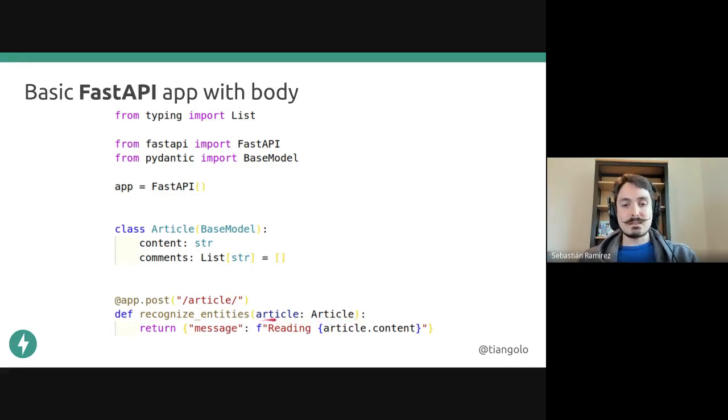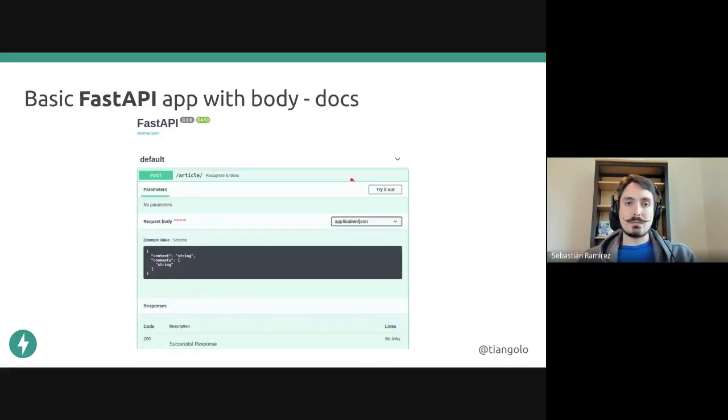This is, again, the standard way in Python to declare that this parameter will be an instance of this specific class. And then FastAPI will make sure that we receive an actual instance of this class, and we will be able to use that here inside our code. So we can call article.content, and we will extract the content that we received in JSON as we declared it here.